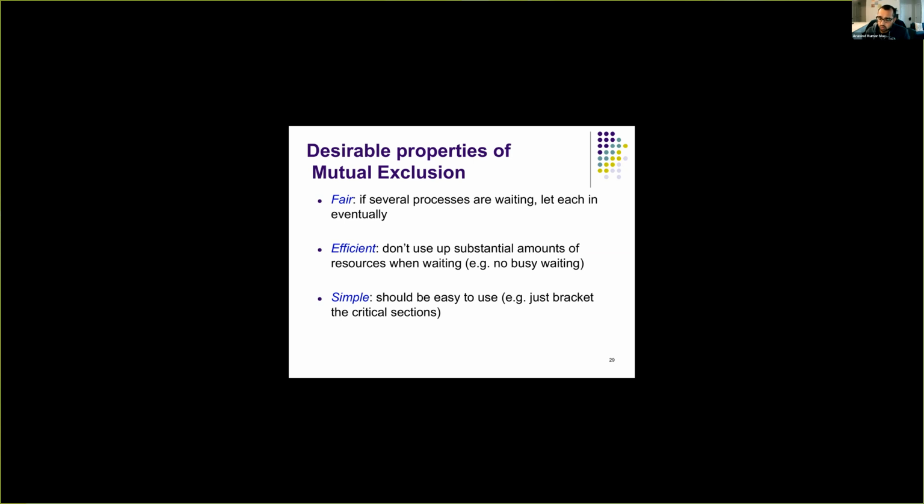And we also want the mechanism to be simple to use. We should be able to just have our set of statements, enclose them in braces, use some annotation and call it a critical section, and the operating system should somehow ensure mutual exclusion of those instructions. So it should be fair so that all processes get an opportunity to enter the critical section, efficient so that we don't waste CPU resources, and finally, simple to use.